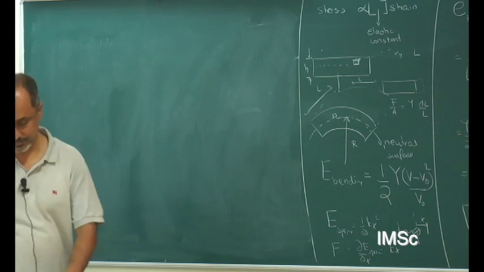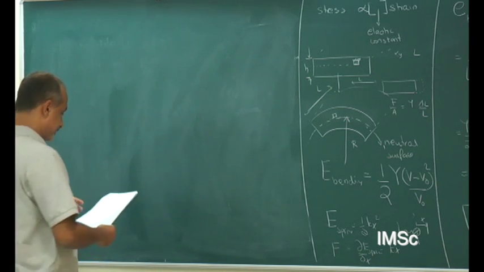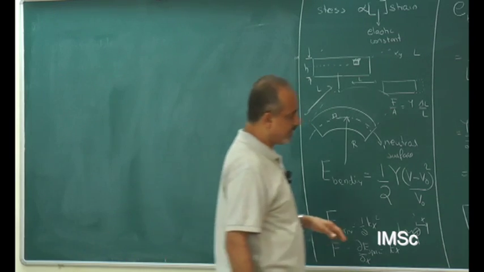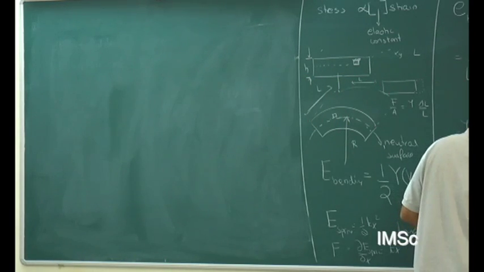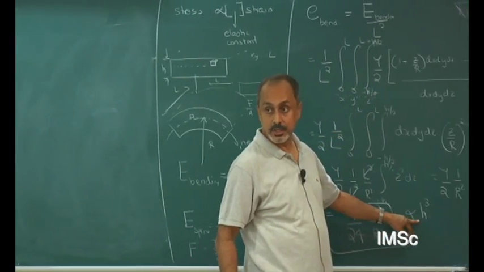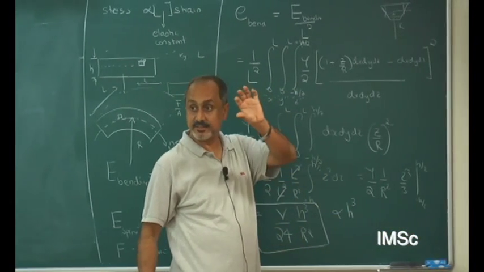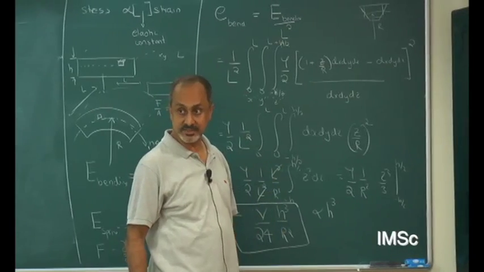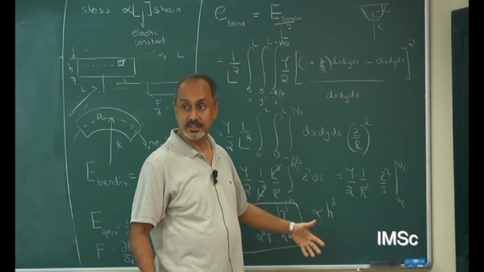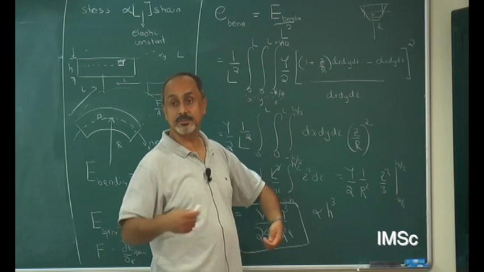Okay, I can simplify this. First of all, notice that this is proportional to h cubed, which means that it's quite sensitively dependent on the thickness of the membrane. h is the thickness of the membrane because it went from minus h by 2 to plus h by 2. So the thinner I make the membrane, the smaller the energy and the easier it is to make it fluctuate.